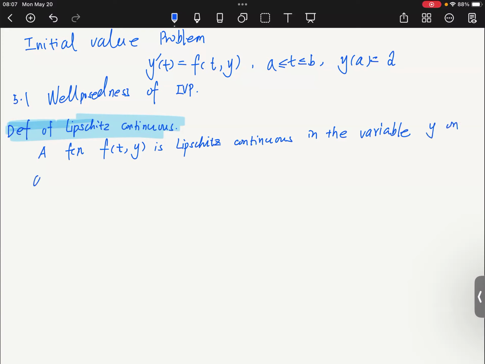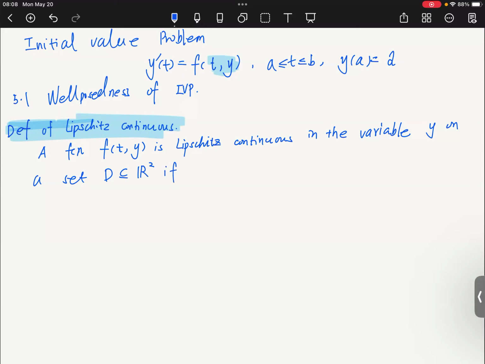On a set. As you can see, this is a function in the 2D space, and we have two variables here. So we say this function is Lipschitz continuous in the variable y on a set D, and this D is a two-dimensional space.